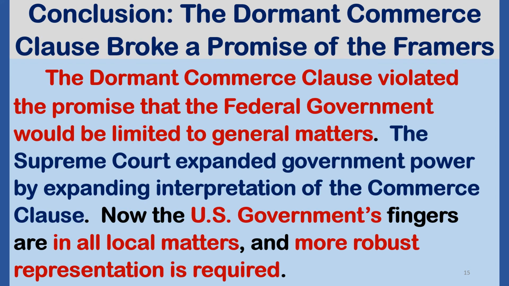The conclusion we draw is that the Dormant Commerce Clause violated the promise that the federal government would be limited to general matters. Once the federal government went into local matters through expanding power through the Dormant Commerce Clause, there should have been a much more robust representation built into the national system.